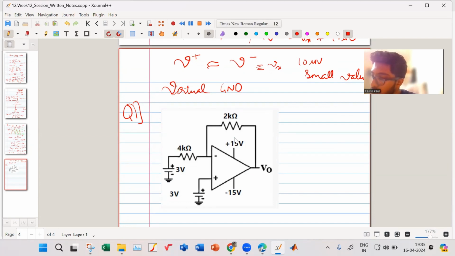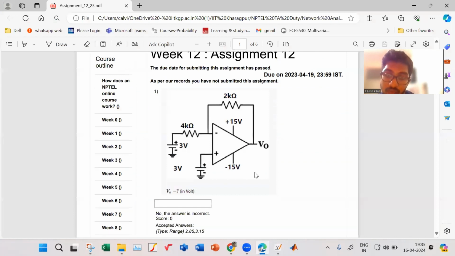This is your sum, and they're asking you to find what is your V output in volt.